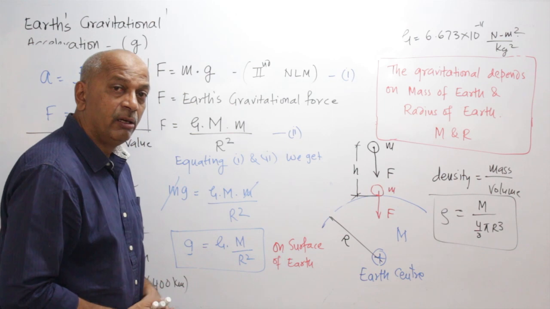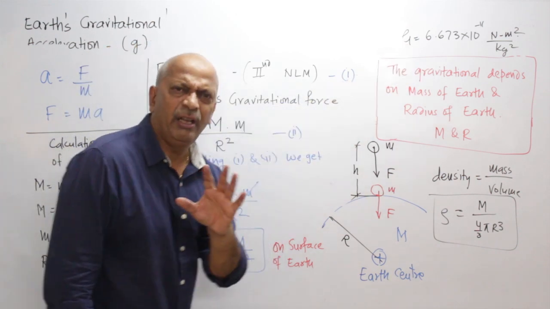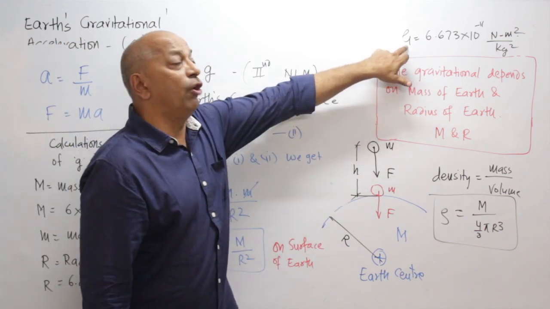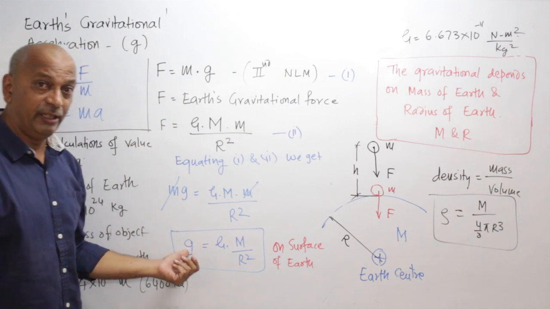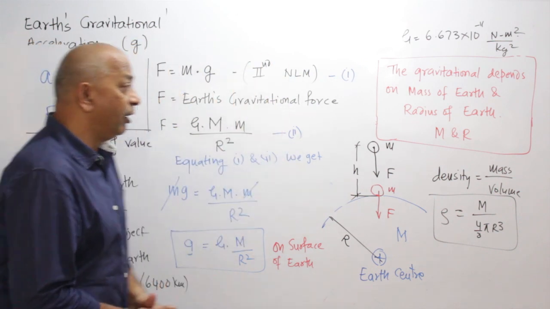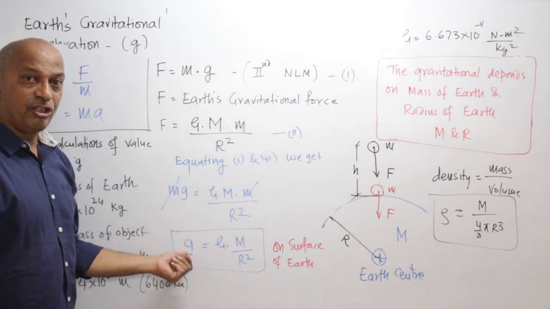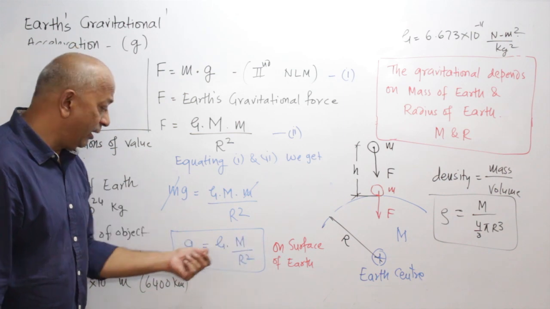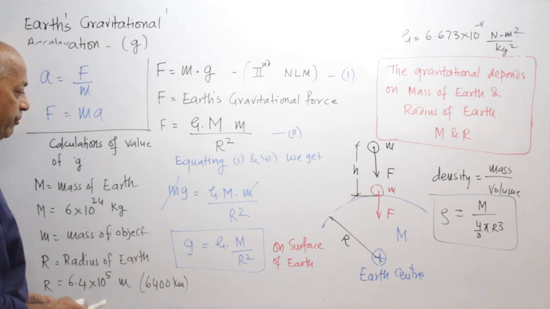Sum up, if this G is doubled, hypothetically, then the g, the acceleration because of gravity, will also be doubled. So if G is doubled, this acceleration will be doubled. If mass is doubled, acceleration will be doubled, two times.